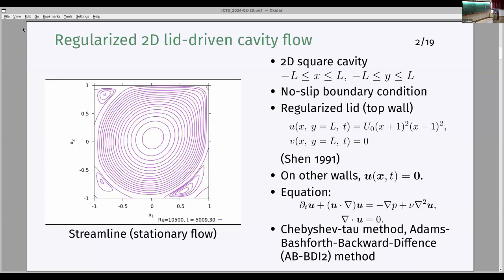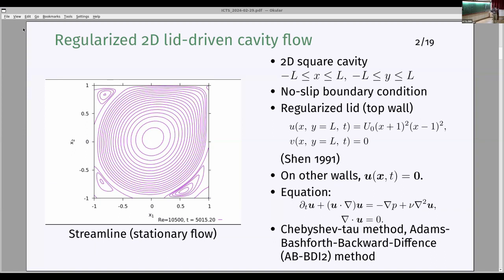So now I have adopted the regularization proposed by Shen. He proposed the top wall should move in this manner. So in this prescribed velocity of the lid, there is no corner singularity. With this regularized lid, I just calculate the Navier-Stokes equation with the boundary condition for the lid, and for the other side walls and bottom wall, the velocity is 0.